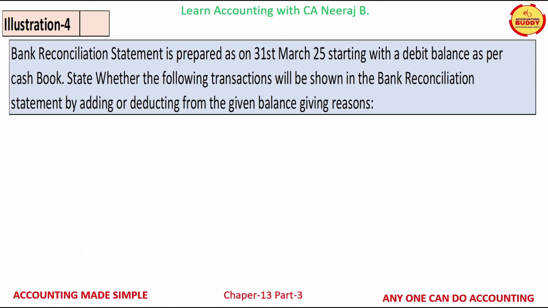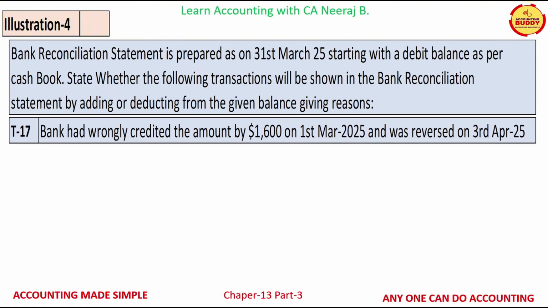Bank reconciliation statement is prepared as on 31st March 25, starting with a debit balance as per cash book. State whether the following transactions will be shown in the bank reconciliation statement by adding or subtracting from the given balance and also give the reasons. T17 unmatched transaction is bank had wrongly credited the amount of $1,600 on 1st of March 25 and was reversed on 3rd of April 25.